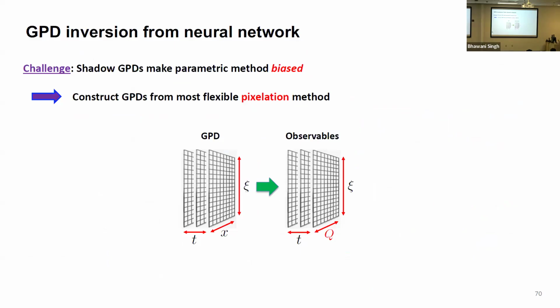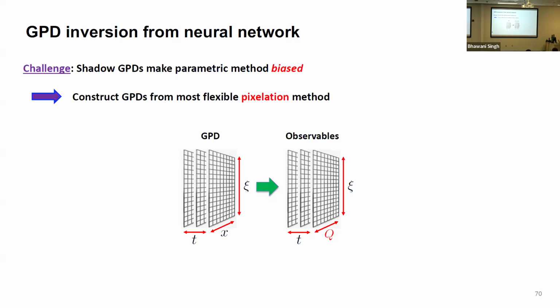And there is a huge issue of shadow GPDs that makes the actual extraction of GPDs very biased, because following the traditional method, we typically parameterize the GPD first and then fit to the experiments to determine the parameters. But once you make a parameterization, you suppress certain shadow GPD solutions, and that makes the result highly biased.